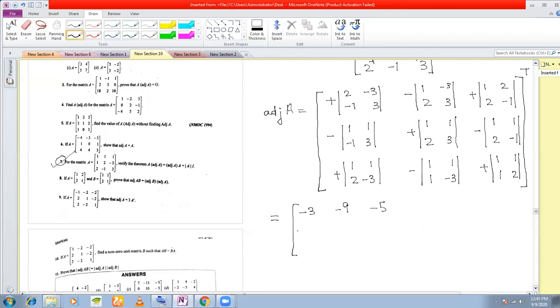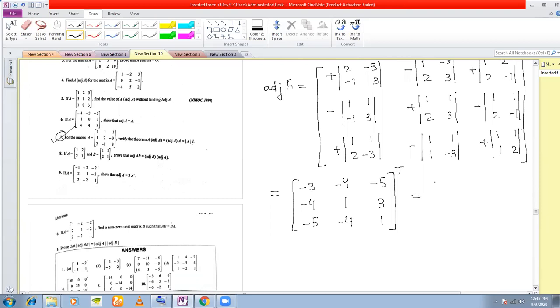Then you have 3 plus 1, 4, with a minus sign, minus 4. 3 minus 2, a 1. And then you have minus 1, minus 2, which is minus 3, and minus of minus 3 is plus 3. Minus 3, minus 2 is minus 5. Minus 3, minus 1 is minus 4. 2 minus 1 is 1. All this transpose.